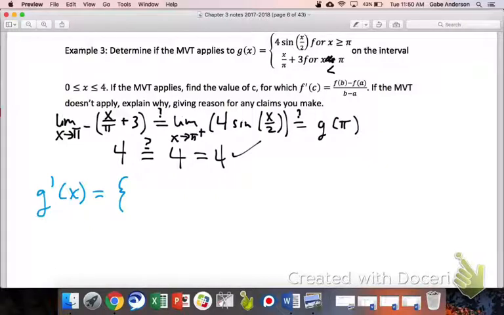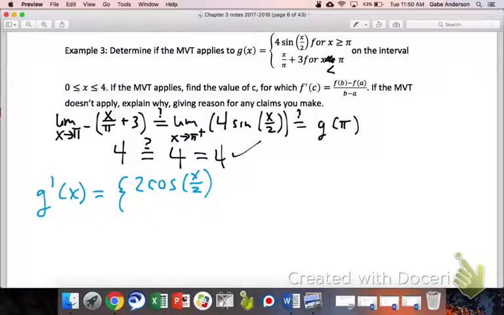Is it 2 cosine x over 2? It's 2 times cosine of x over 2. Don't forget the chain rule factor. The derivative of x over 2 would just be 1/2. Yeah. Times 4 gives you that 2 instead of the 4. That makes sense? It's a chain rule. Might be handy to know tomorrow. Just saying. And then how about the other one? How about the line? What's the derivative of x over pi plus 3? It's just 1 over pi.